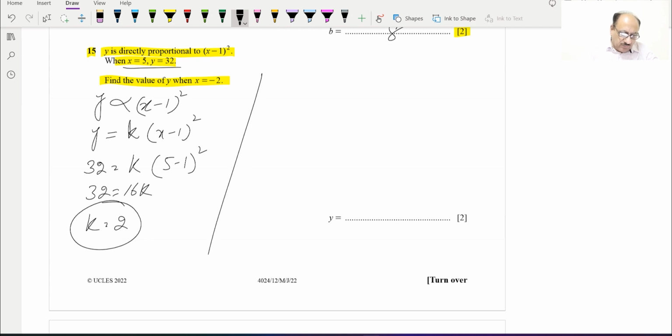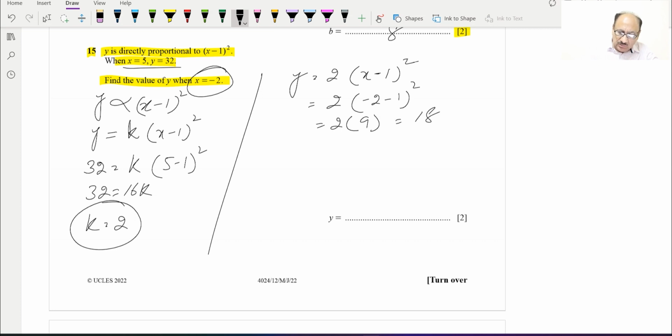Now this equation will become y is equal to 2 into x minus 1 square, and now we need to find y when x is equal to minus 2. So 2 into minus 2 minus 1 square, and minus 2 minus 1 will be minus 3, square will be 9, so 2 into 9 is equal to 18. So 18 will be our answer for 2 marks.